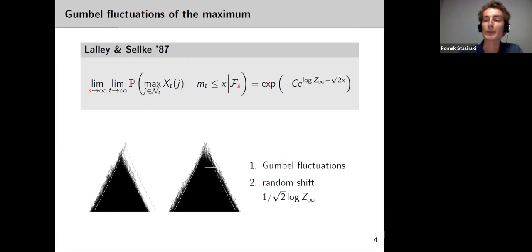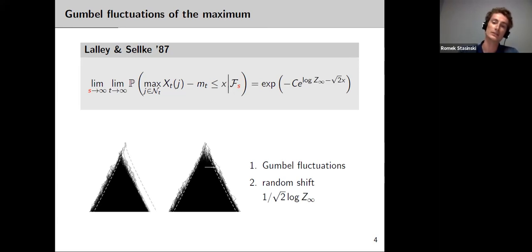The next question we might ask is, okay, so what can we say about the fluctuations about the expected position m_t? And Lalley and Sellke stated the following question. Imagine that you observe your process until time s being pretty large, and then based on that, what can you say about the fluctuations, or about the relative position of the maximal particle at time t much larger than s, with respect to the expected position m_t?